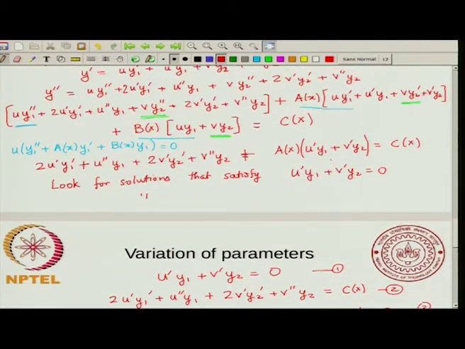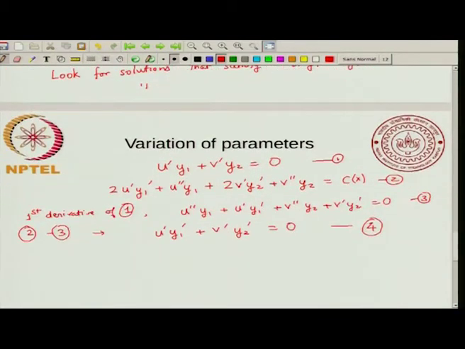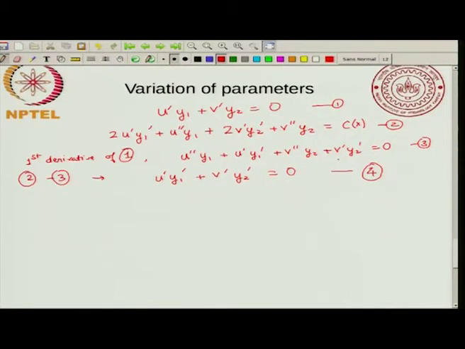This quantity, remember, was equal to c of x. And now from the first derivative, what you will get on the right hand side is not 0, but d by dx of c of x.